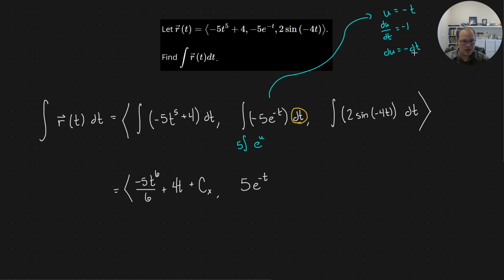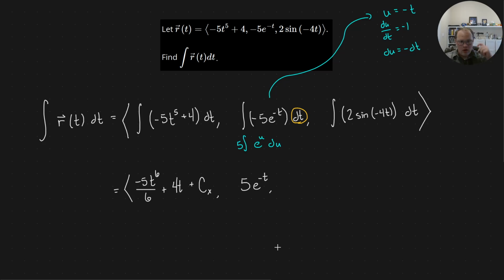And negative dt becomes du, but I've already dealt with the negative, right? The integral of e to the u is e to the u, but u is negative t. So that's where I get e to the negative t with 5 in front.